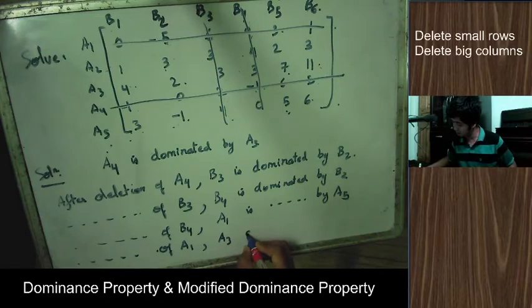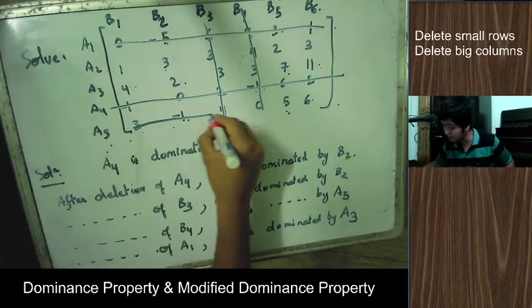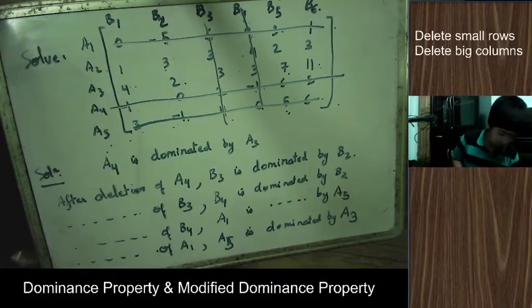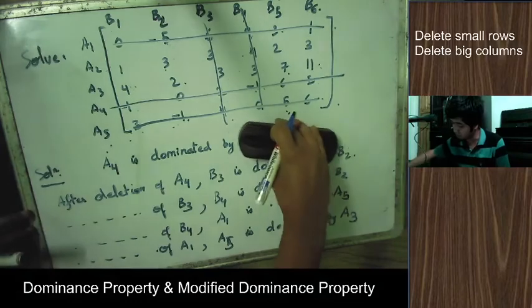A3 dominates, A5 is dominated by A3. So that is why A5 will also be deleted. This is what we will have. So this is the solution.